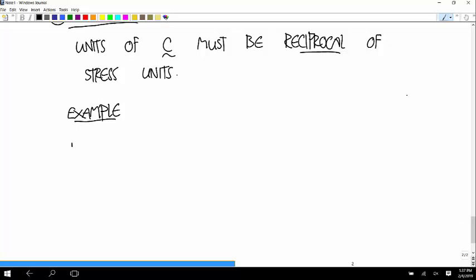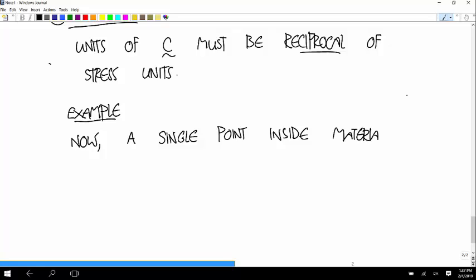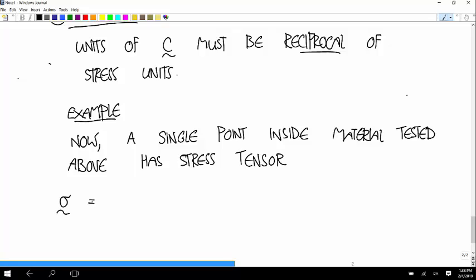Okay, so let's say now a single point inside the material tested above has the stress tensor sigma equal to 2 times 10 to the 7th, negative 1 times 10 to the 7th, 0; negative 1 times 10 to the 7th, 0, 0; and then the last row, 0, 0, 8 times 10 to the 6th.